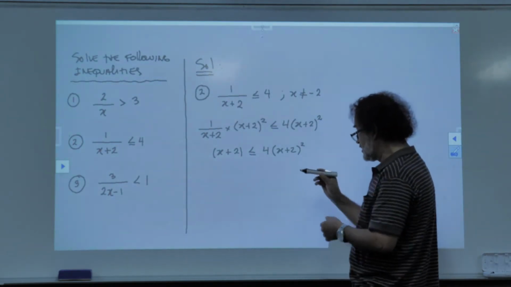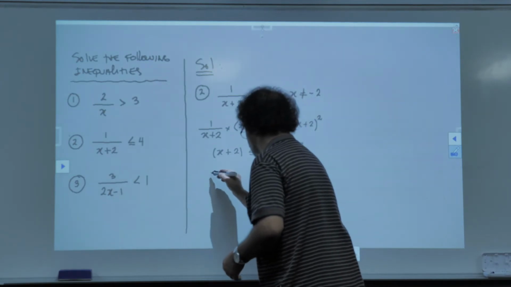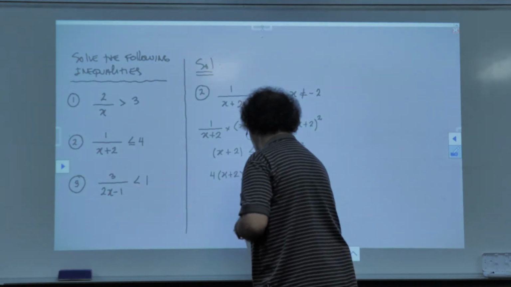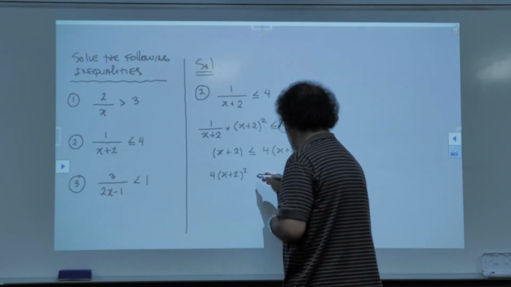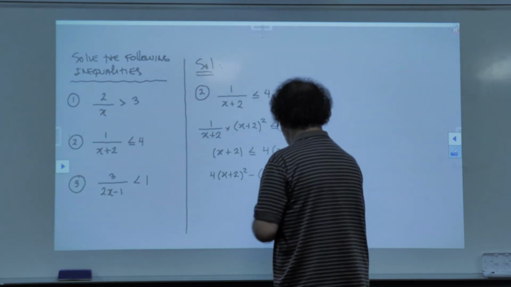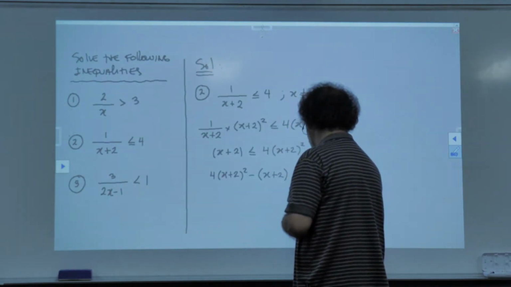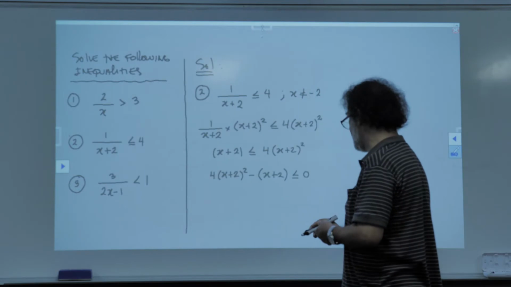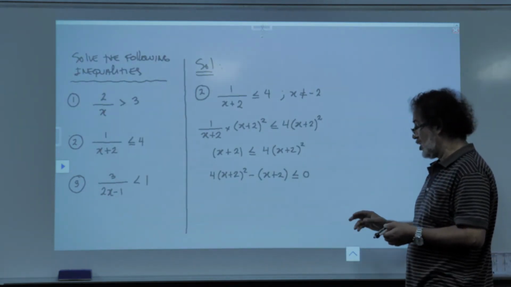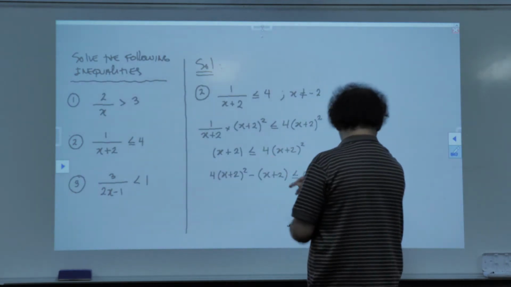So the next line is going to be 4(x+2) squared minus (x+2), that is going to be greater than 0, because the inequality sign points to the other side.